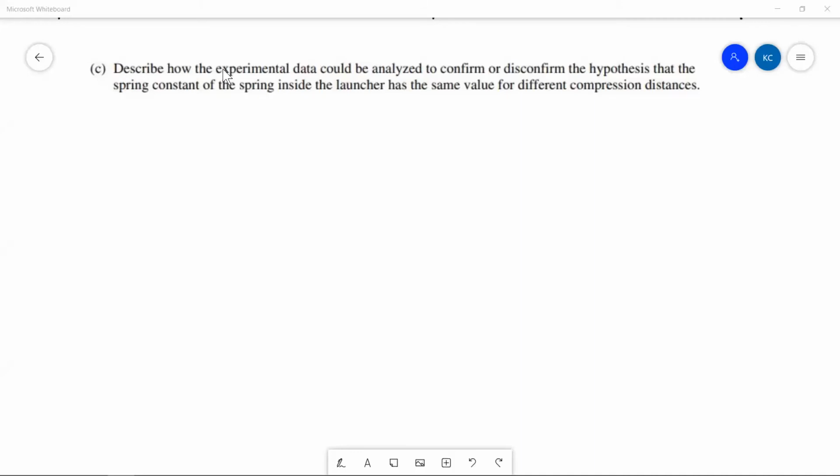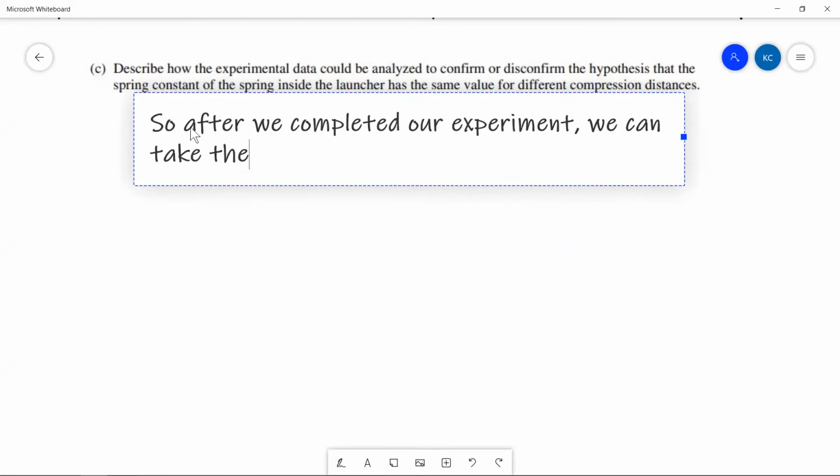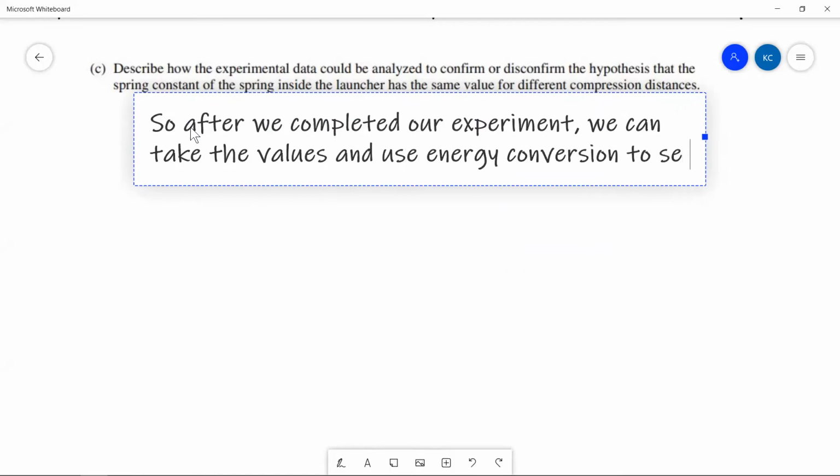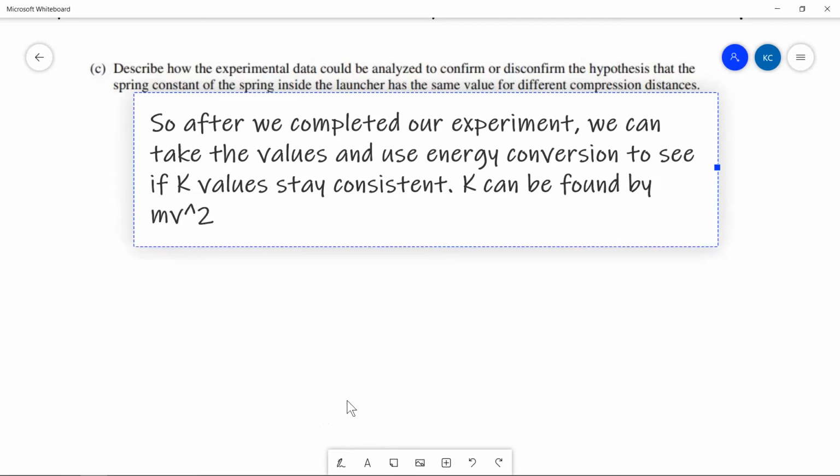Part C. Describe how the experimental data can be analyzed to confirm or disconfirm the hypothesis that the spring constant of the spring inside the launcher has the same value for different compression distances. So after we've completed our experiment, we can take the values and use energy conversion to see if k values stay consistent. k can be found by mv squared divided by x squared, which we stated earlier in the question.